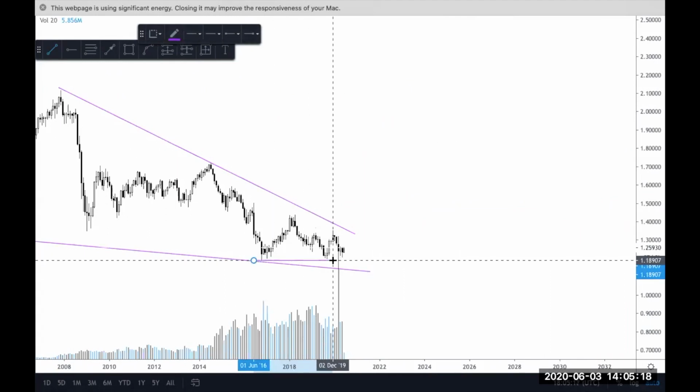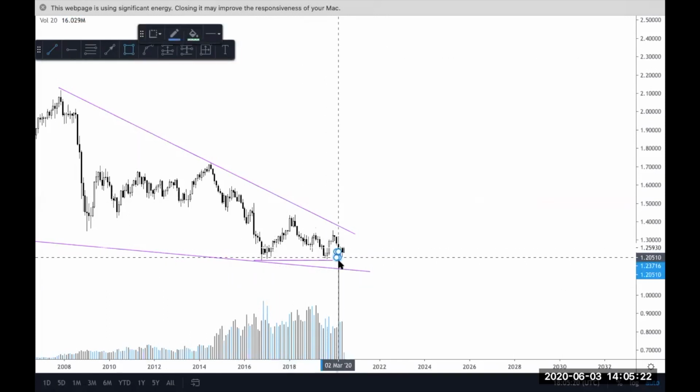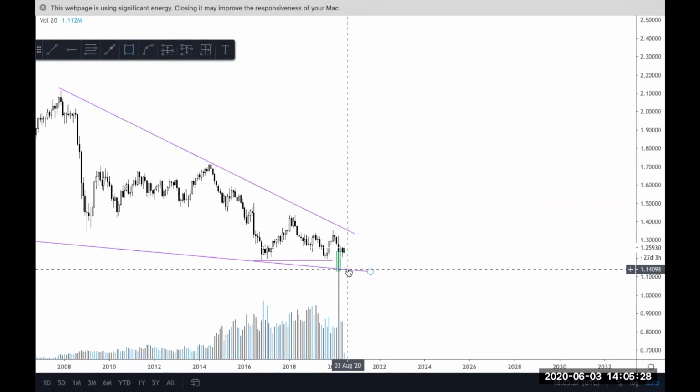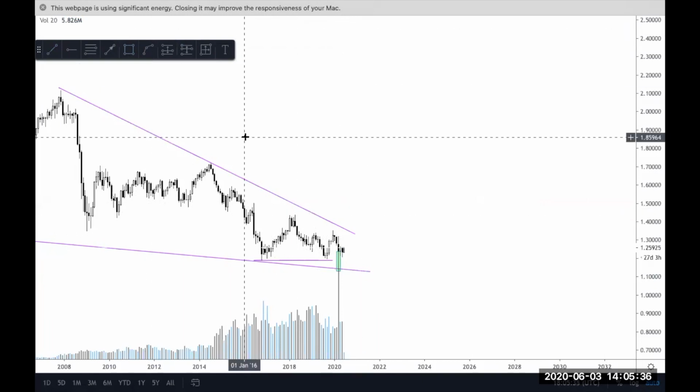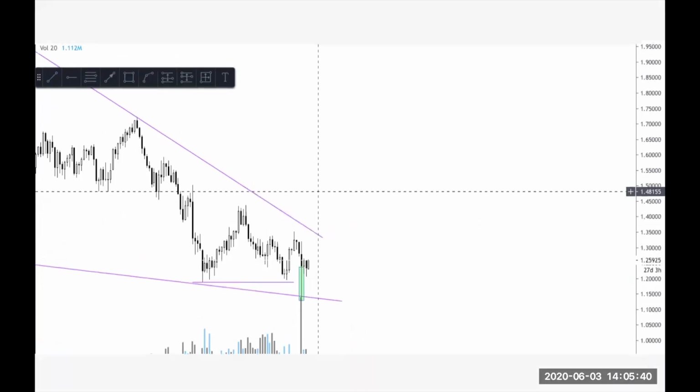Liquidity was taken out by this final wick right here. So this helps confirm that price was building liquidity. It wanted to go lower, broke that liquidity. So we could see a continuation of that, or that could be a false move to shift into bullish momentum. I'll slowly get into that as well. So we have a possibility to continue lower or a possibility to continue on its way up.